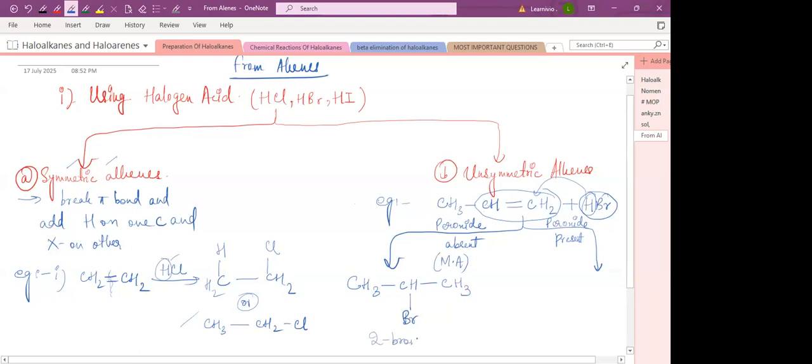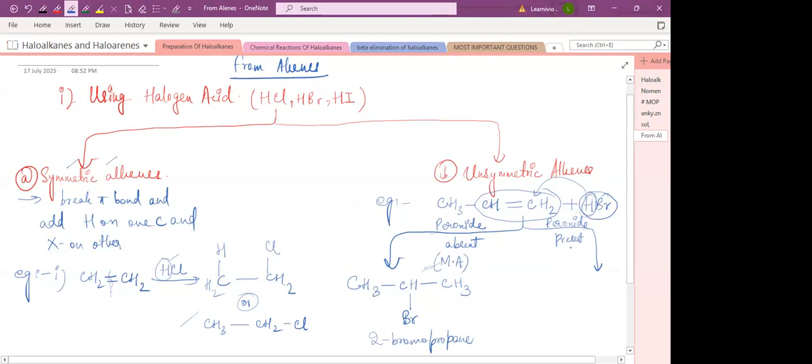Yeah, 2-bromopropane. Is this clear? The Markovnikov addition rule, clear? When the peroxide is absent, you are supposed to follow the Markovnikov addition rule. It means the acidic hydrogen will attach to the carbon which has more hydrogen substituents, and the bromine will attach to the other carbon.